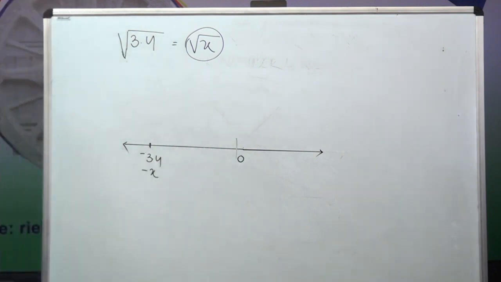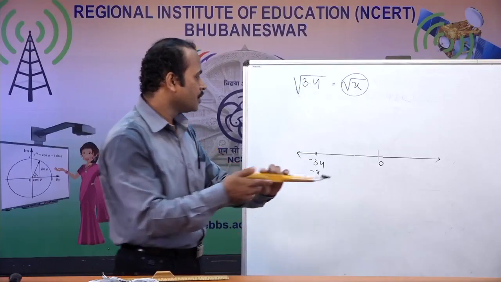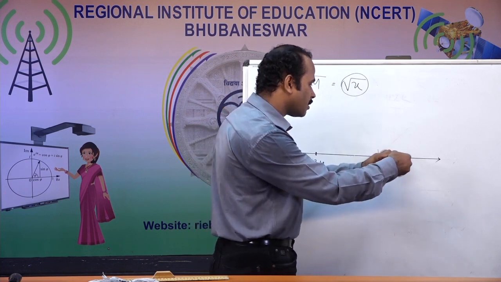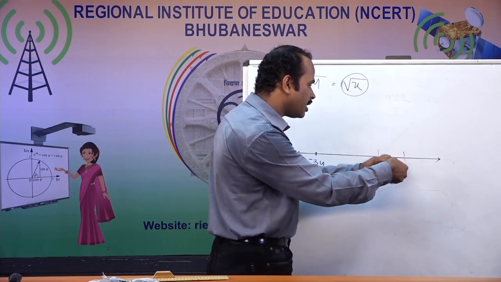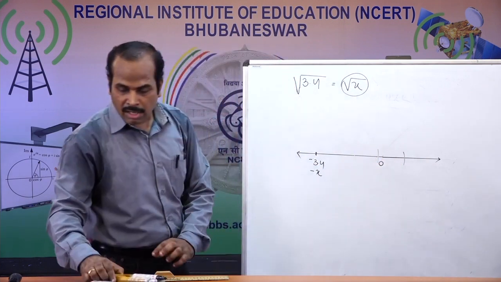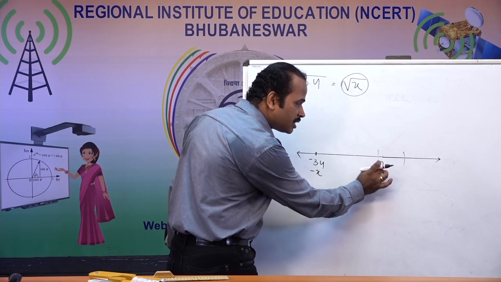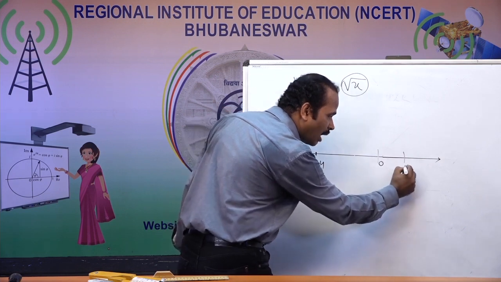From 0, let us take 1 unit towards the right. I have taken 1 unit towards the right. This is minus 3.4, this is 0, and this point is 1.